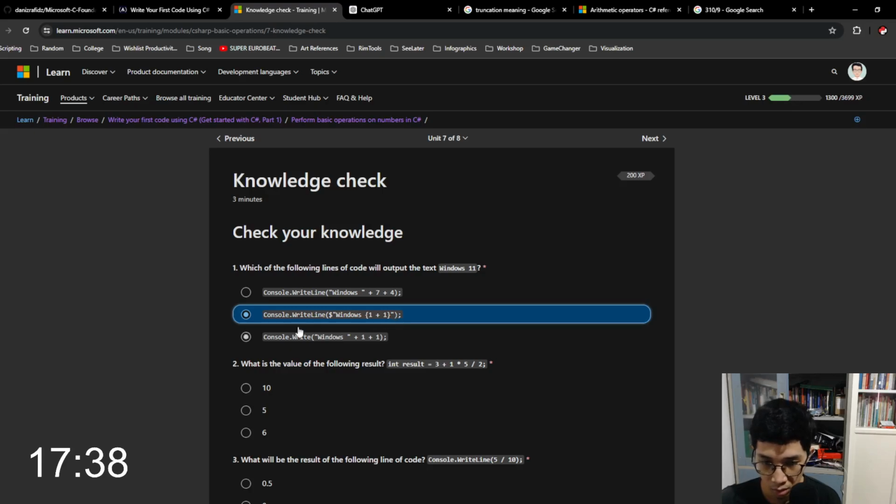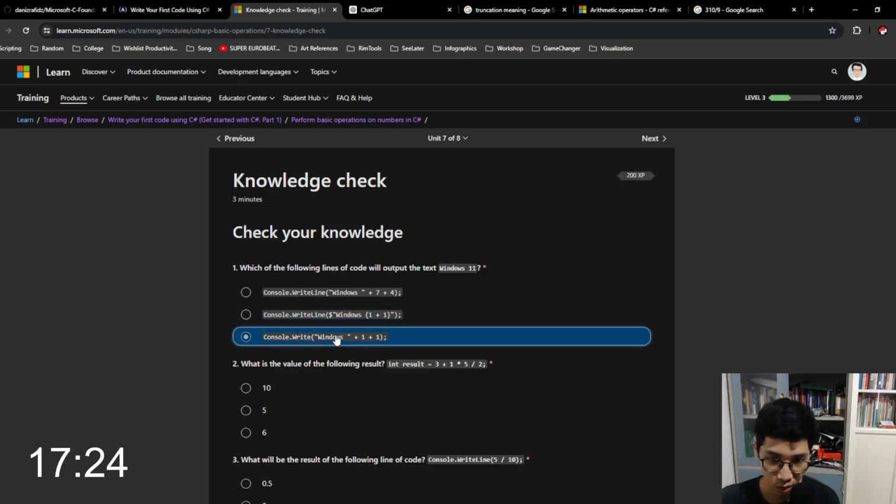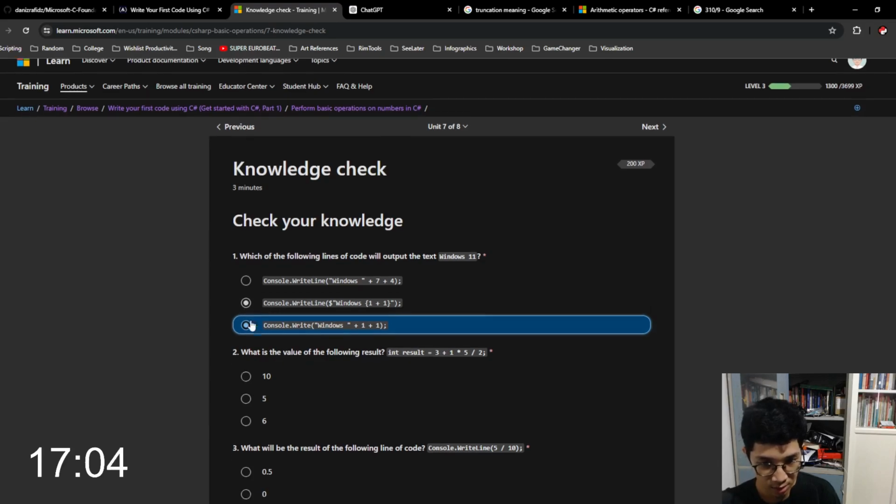No, this one will be 2 because it has curly braces on it, which will count the plus as addition, not concatenation. Okay, so this one, Windows plus 1 plus 1. Yes, 1 plus 1 is equal to 11 because this plus is counted as concatenation. So this one is the correct answer.